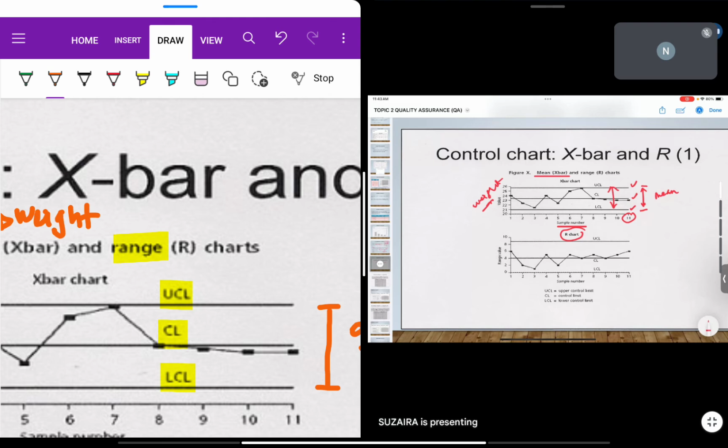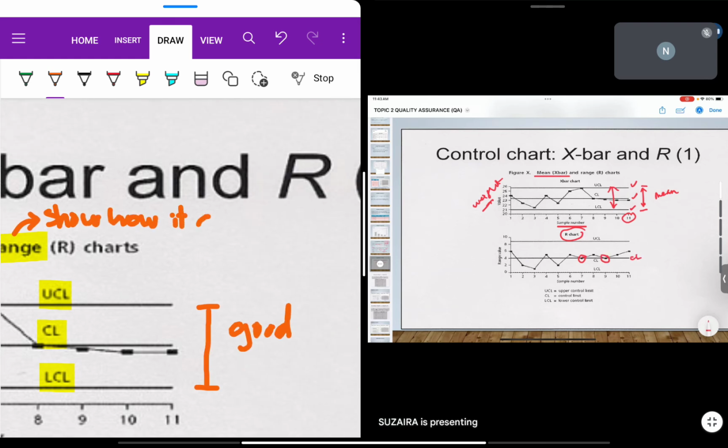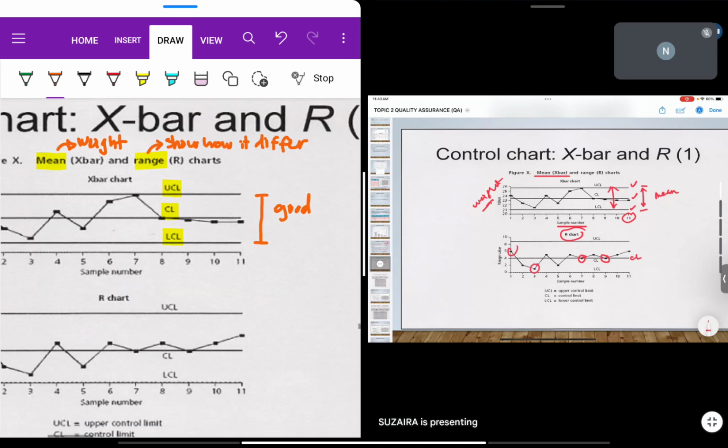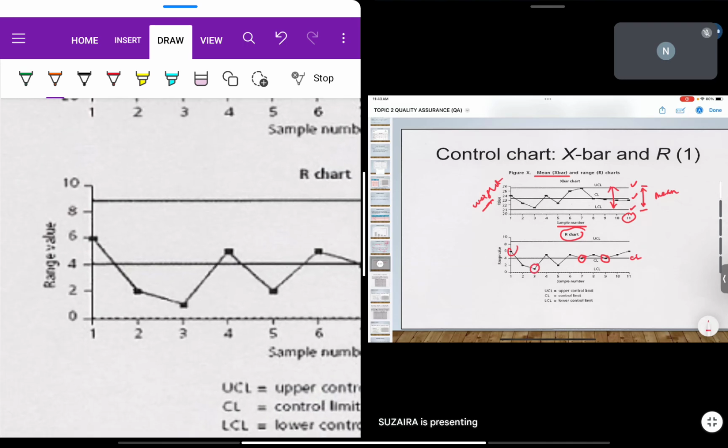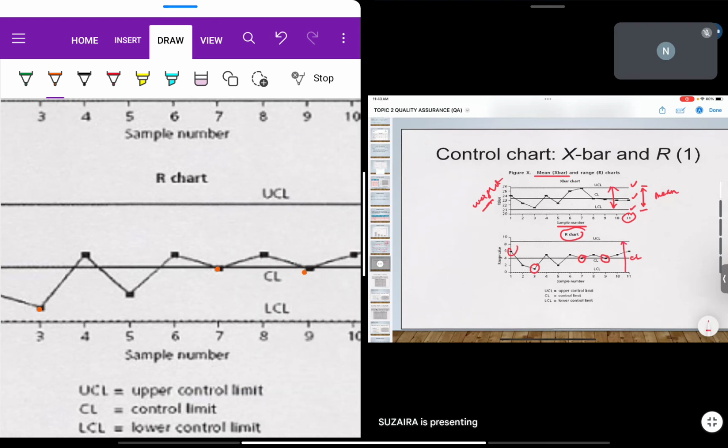If we look here, this one is the most perfect one, because it's on the CL. And this one and this one are not excessive, but nearly at the LCL and also the UCL, but still within the range. So the R chart is with a range.